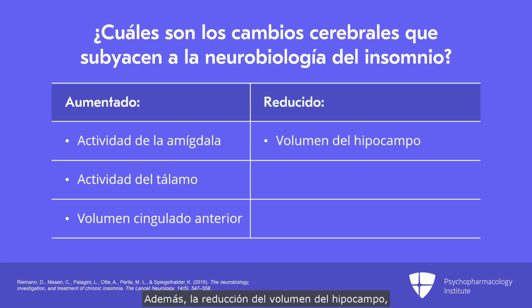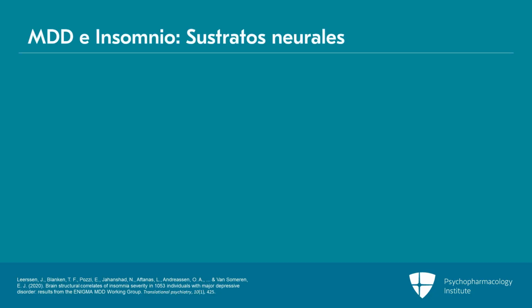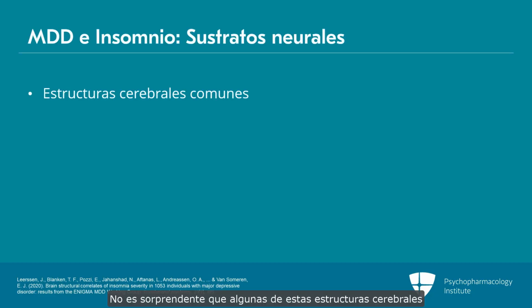Additionally, reduced hippocampal volume, reduced frontal volume and task-related activity, and reduced recruitment of caudate nucleus has been associated with insomnia disorder. Not surprisingly, some of these brain structures are common neural substrates for major depressive disorder as well.